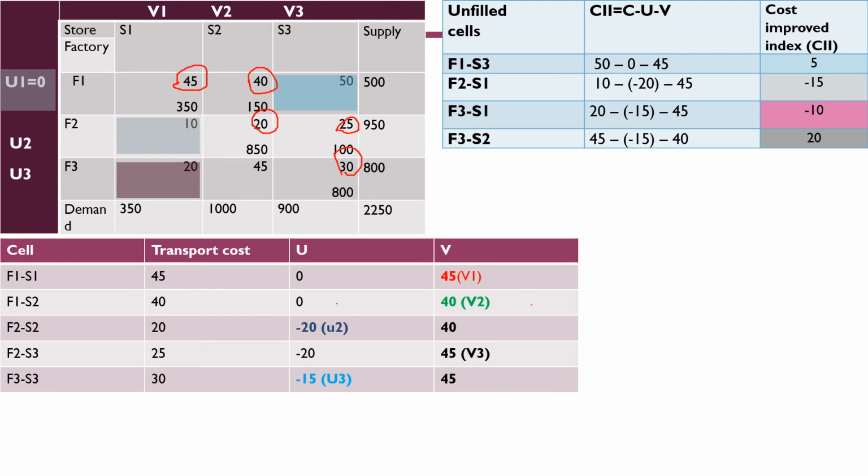Now, we can see we can further reduce this cost because there are negative answers. From these negative answers, we have to select the highest one, that is 15. Now we are going to allocate to F2 S1 cell to reduce the transportation cost in the next step.